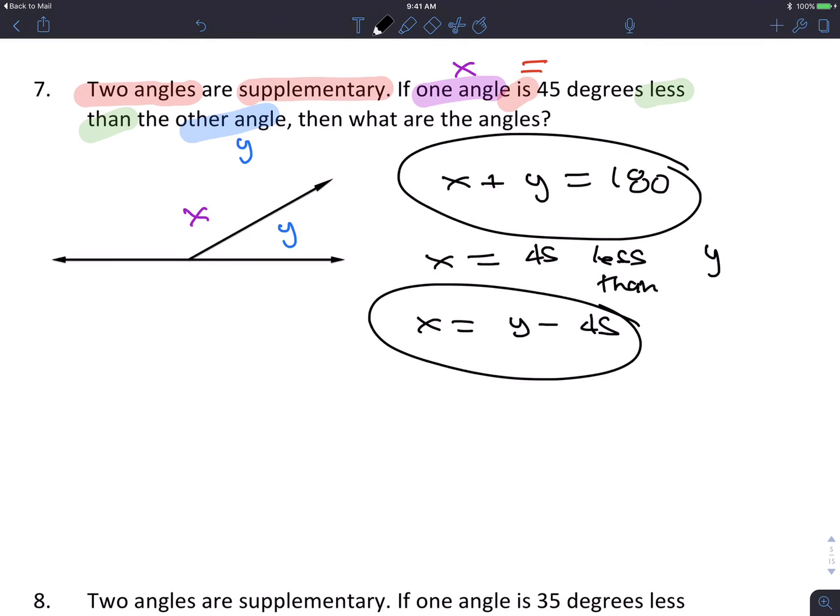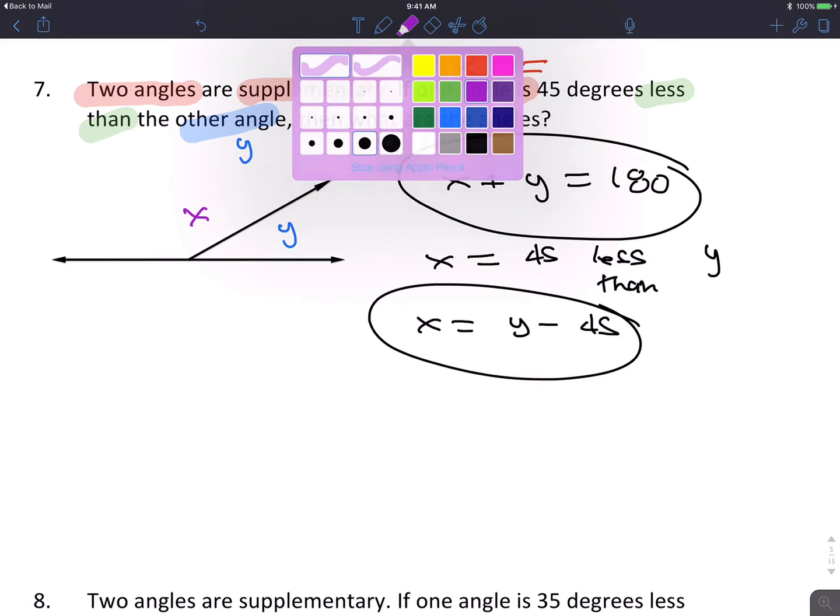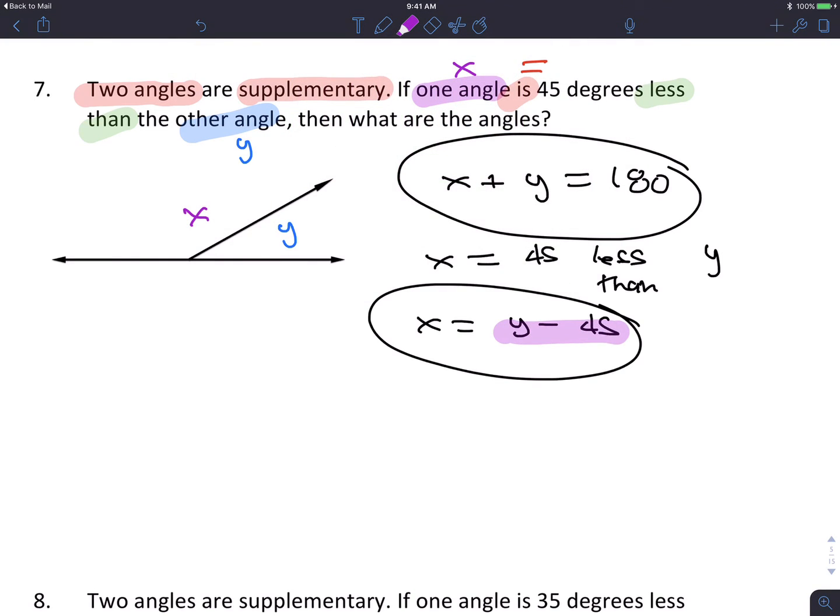So that switches. We're going to substitute, because we already have x equals y minus 45. Let's remember x is in purple. So this is where my x is going to go. Here's what we get. y minus 45 plus y is 180. Let's do some algebra. 2y minus 45 is 180.